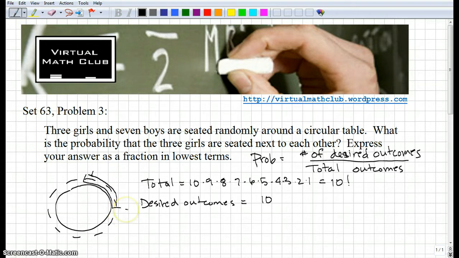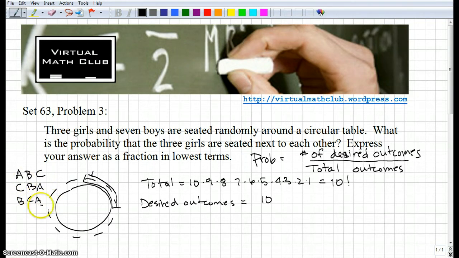Now within that block of girls, we have to recognize that these are different girls. Maybe it's Alexandra and Brianna and Catherine. That is a different seating arrangement than, say, Catherine, Brianna, and Alexandra, or Brianna and Catherine and Alexandra.